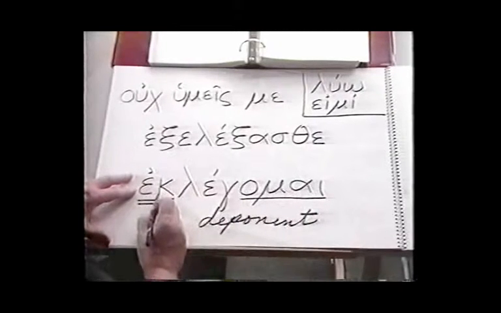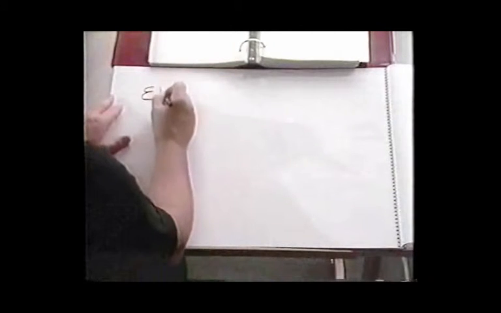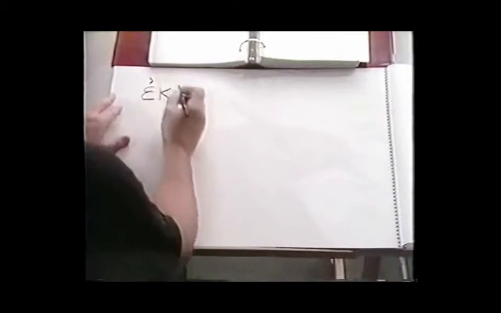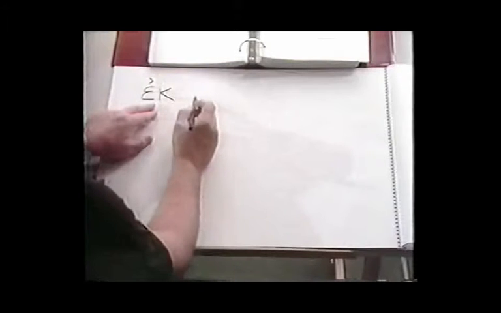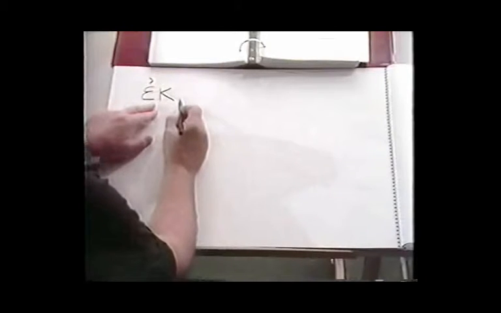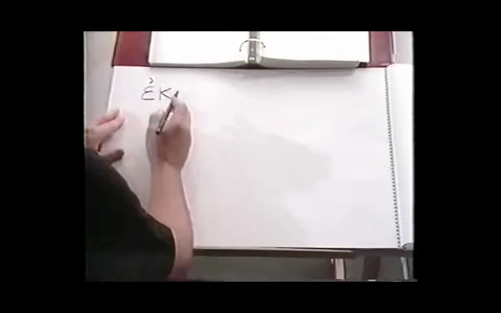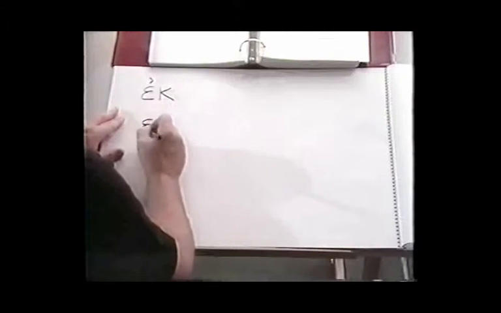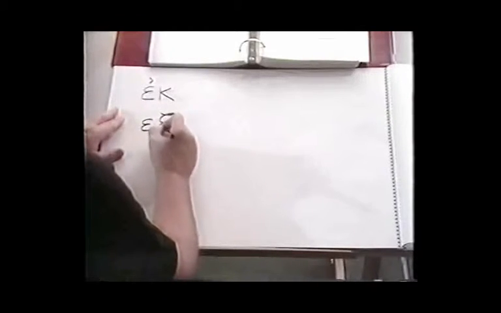Now, something we need to know about this preposition ek. Whenever the preposition ek is followed by another word or a letter that begins with a consonant, then the kappa remains. But if ek is followed by a vowel, then it changes its spelling to x.